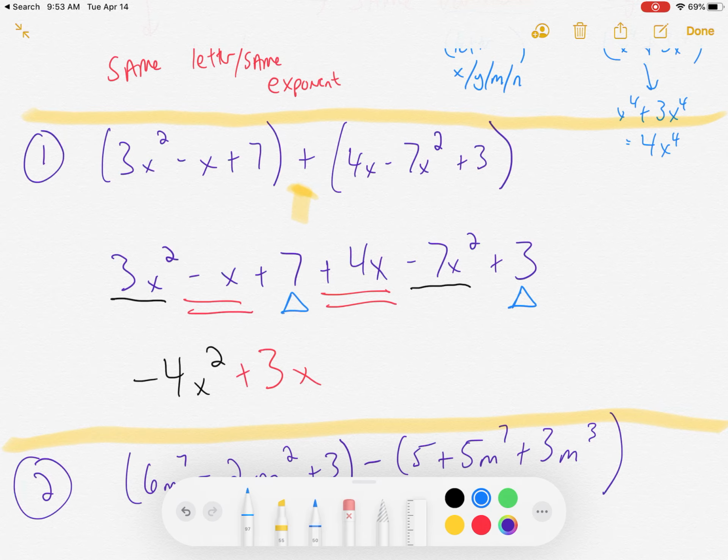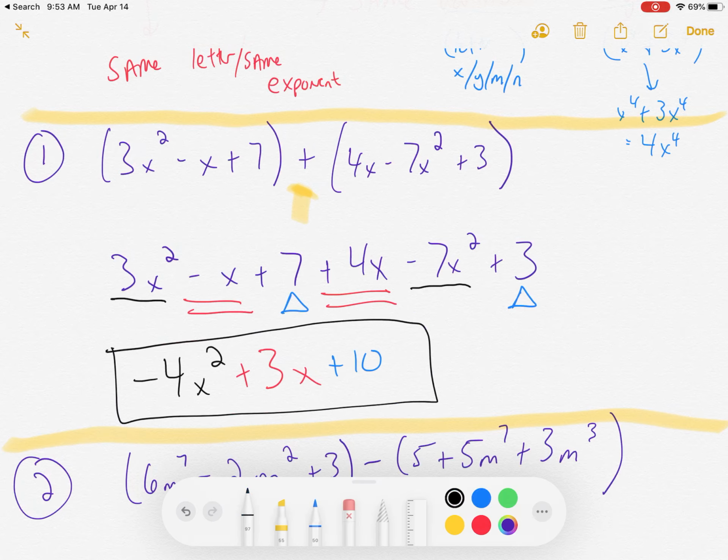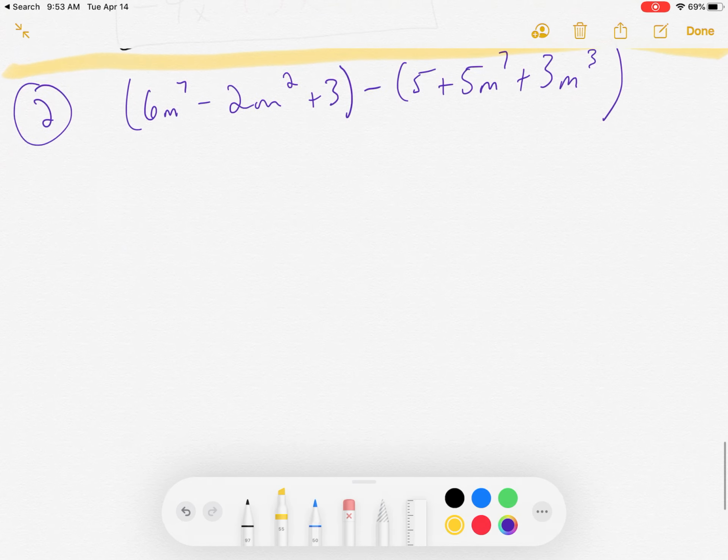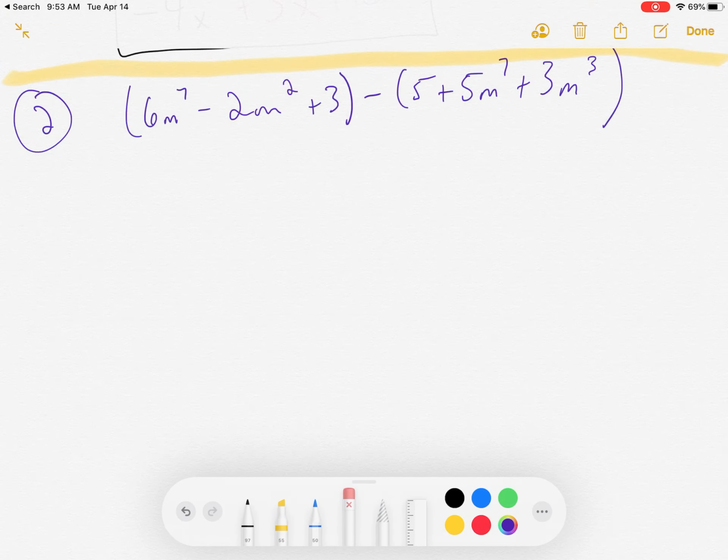And last but not least, what is 7 plus 3? That would be plus 10. Okay, this would be your final answer then. I combined my like terms and made this into a smaller polynomial. Okay, again, the key here was it was a plus sign, and when you have a plus sign, just ignore the parentheses. Okay, let's scroll on down to number 2 now.